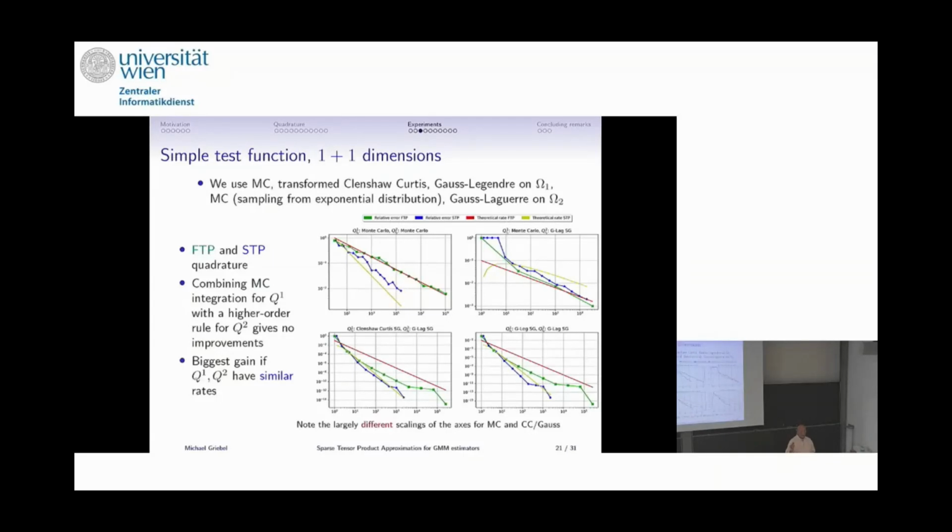Either you go for very highly accurate results with these higher order methods, or the other way around, you go for low accuracy, like here, 10 to the minus 4, and then you only have to invest 100 degrees of freedom. And this is the beauty of higher order methods, as you all know.